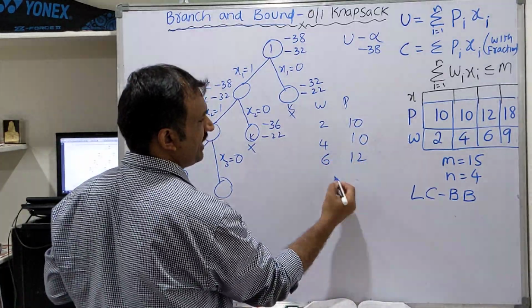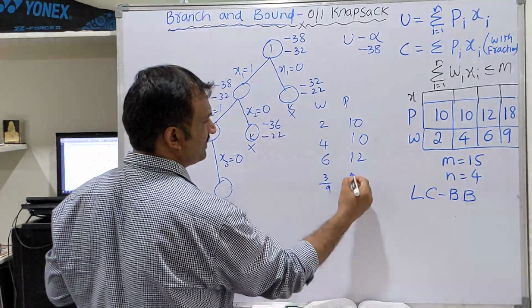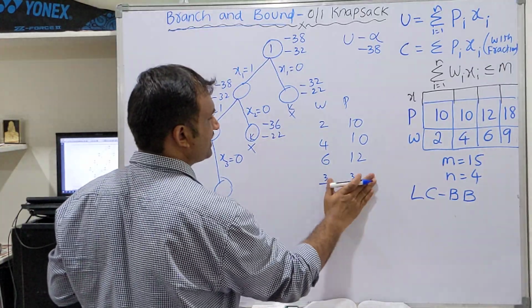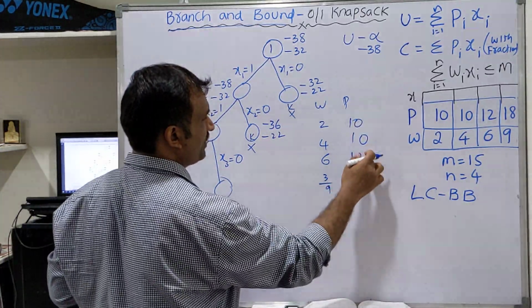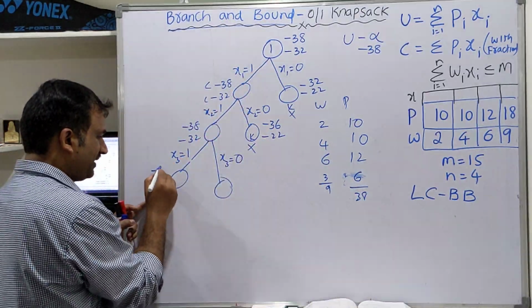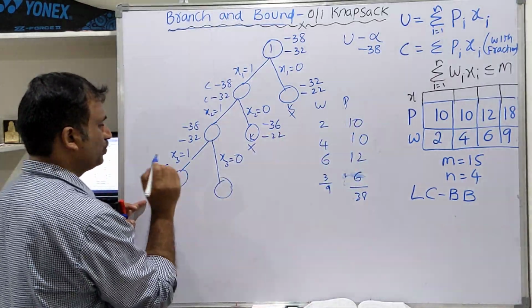Consider it. And the remaining part is 6 plus 6, 12, so 3 by 9 into 18, that is 6. So 22, 38: the same profit we got, minus 38, and without fraction this is minus 32.